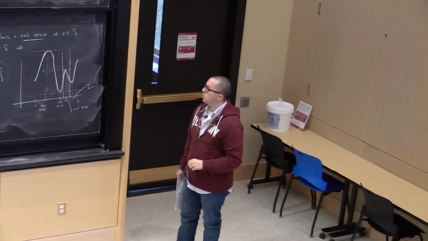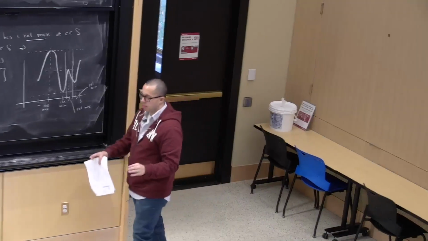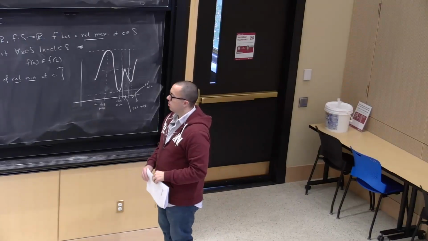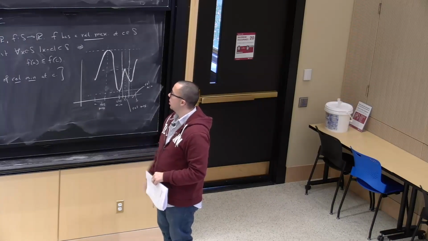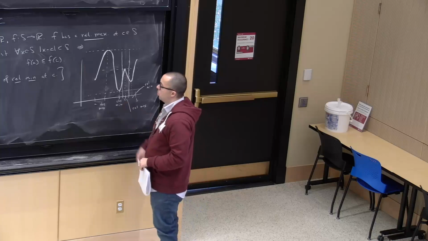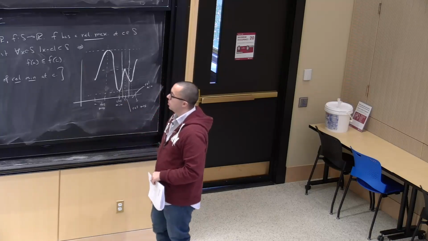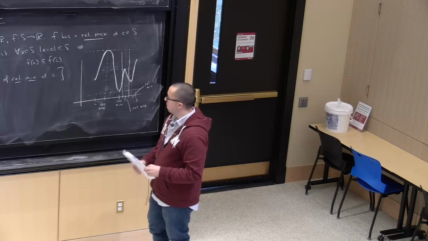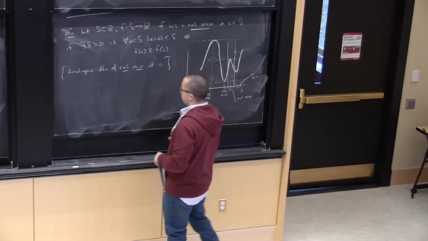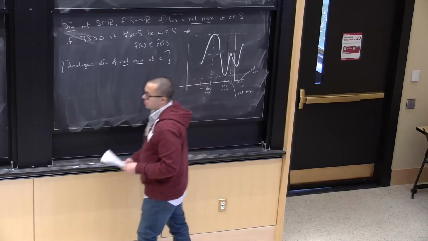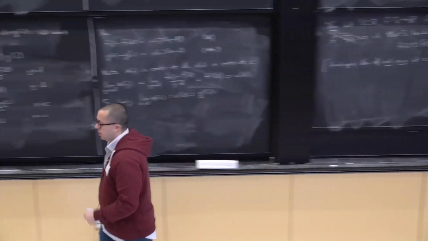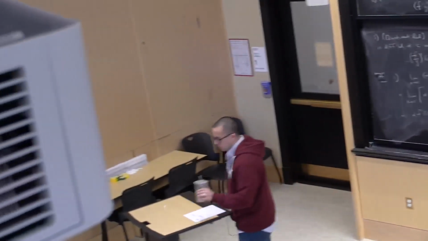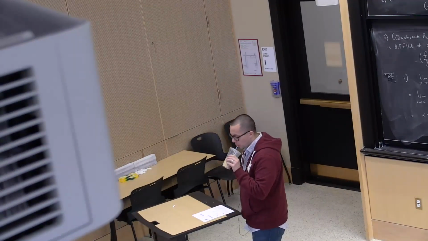Okay, so relative max means nearby points, f sits below f evaluated at that point, and relative min is the other way around. Okay? So I don't think we need to belabor the point of what relative min and relative max are. I think that's pretty clear.